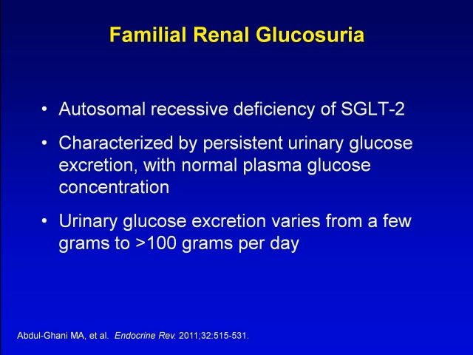It is autosomal recessive in nature, and it is a deficiency of SGLT2. It is characterized by a persistent urinary glucose excretion, although the plasma glucose concentration is normal. The amount of glucose that is excreted varies from a few grams to more than 100 grams per day.